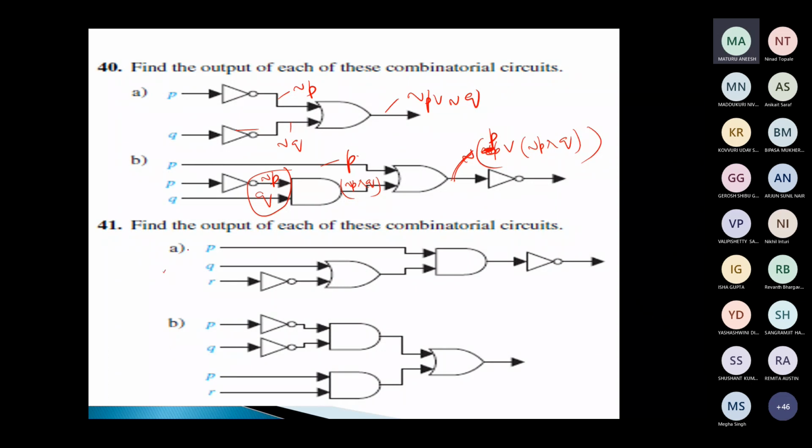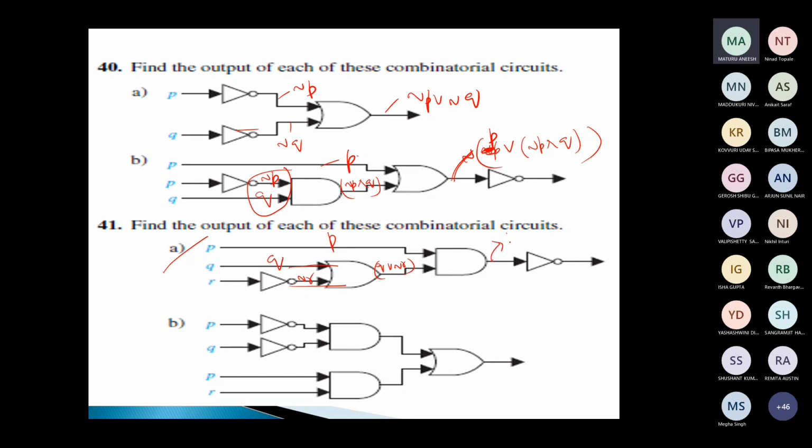Okay, do 41, A part. So here P, here Q, here not R. So Q and not R. So P, and Q and not R, connected using AND.